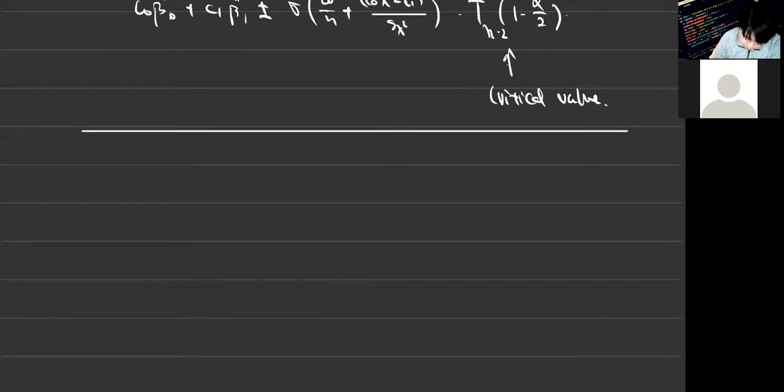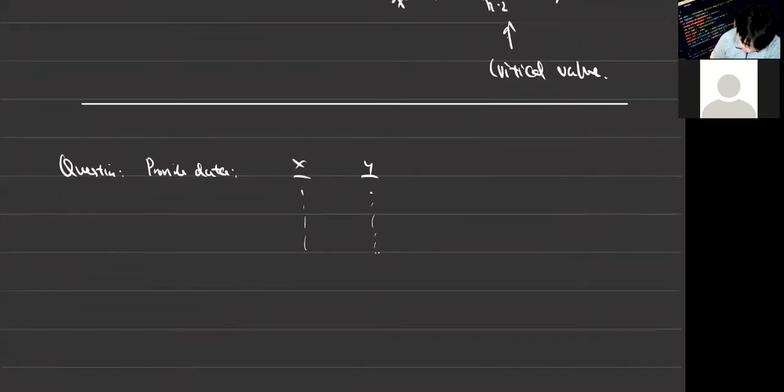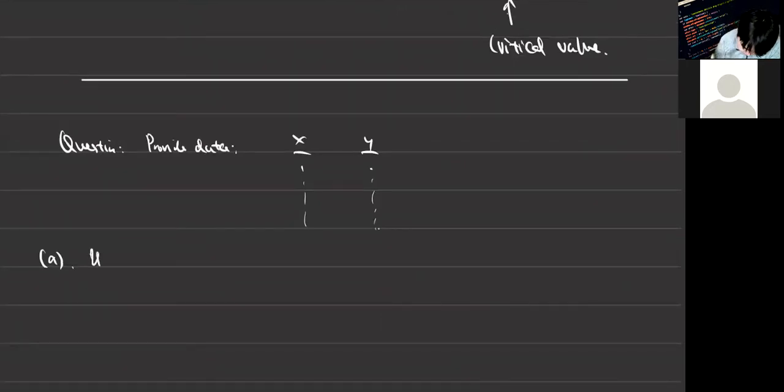First of all, they'll give you some data, so the question is going to be like the following. They provide you with the data, and maybe you have X, a bunch of numbers, and Y, a bunch of numbers.